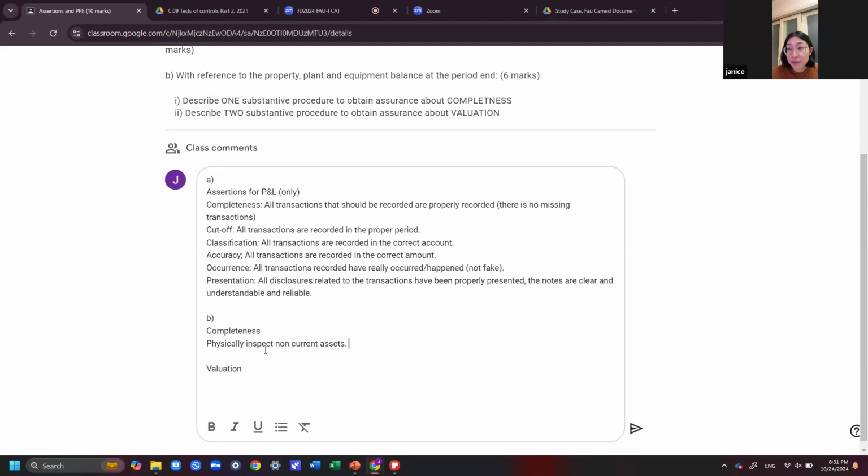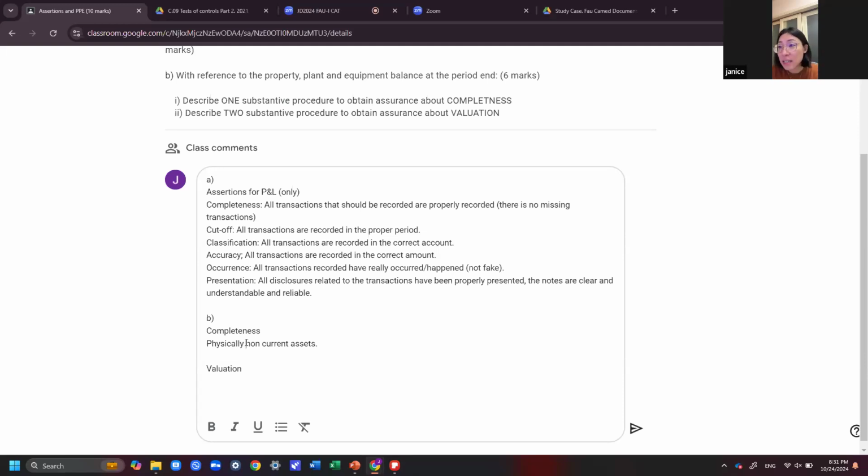So here, if you write it like that and it's not clear about the direction of where you do, you're gonna get 0. Because for completeness, you need to be able to detail what is the direction.